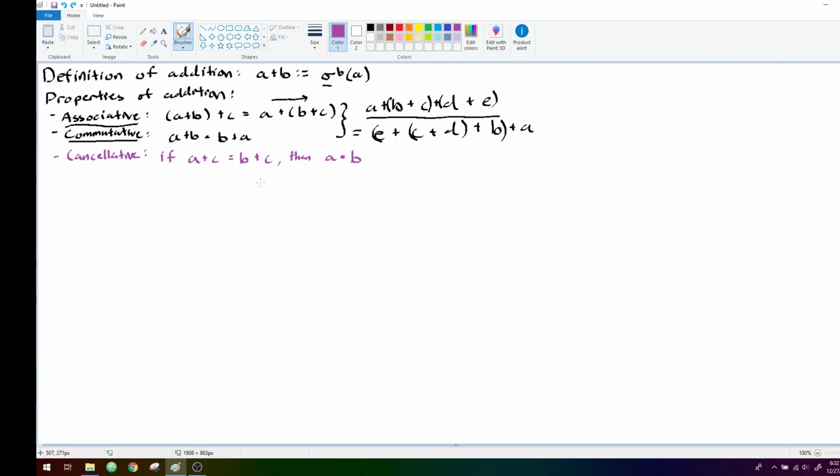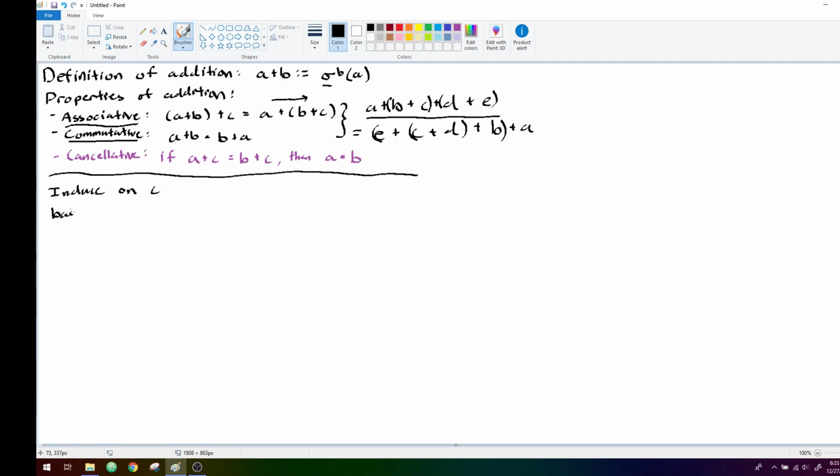But it still holds that in an expression like this, we can cancel c out from both sides. We'll see how to establish this without appealing to subtraction or negation. And of course, it's going to be done via induction, specifically on c.